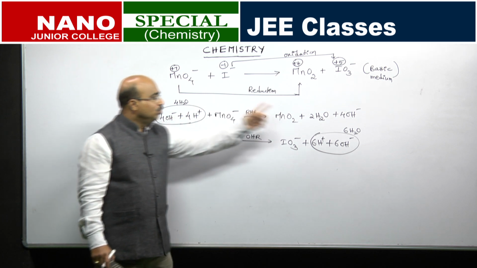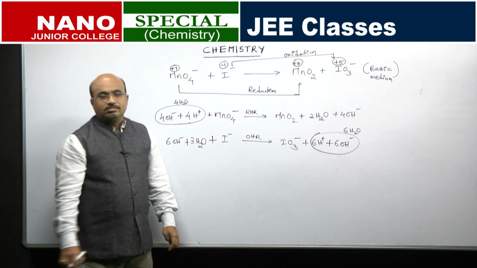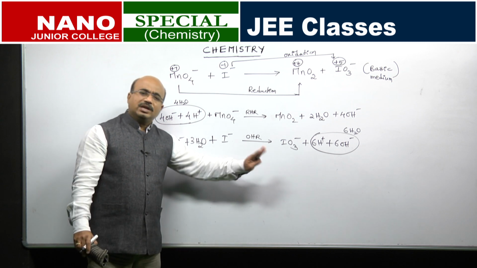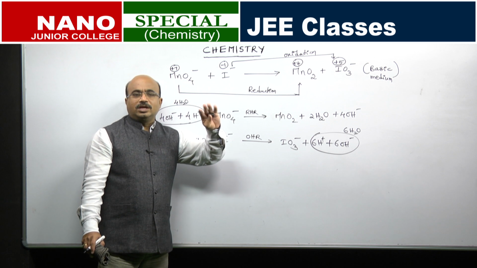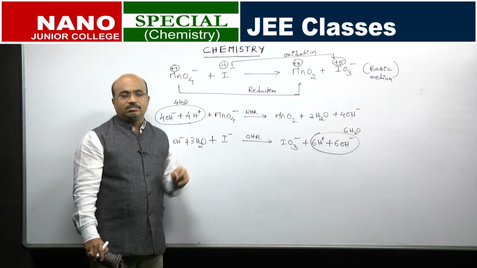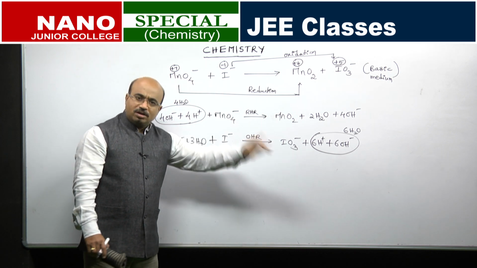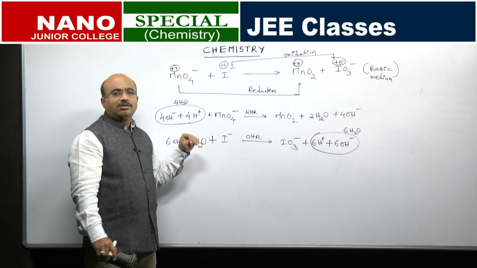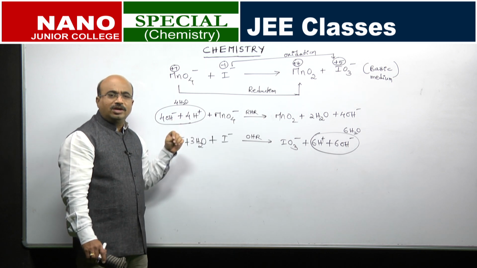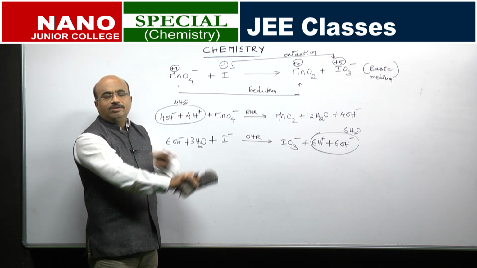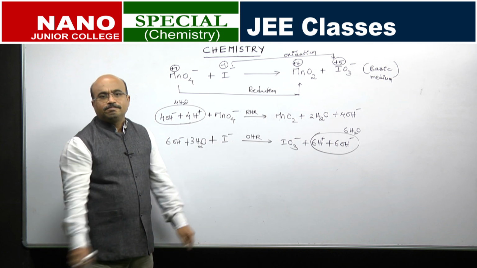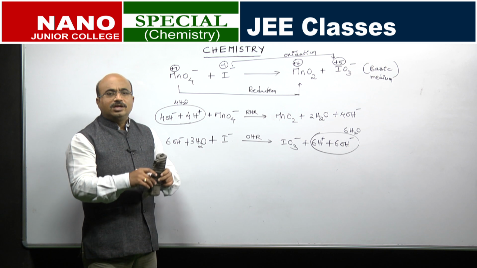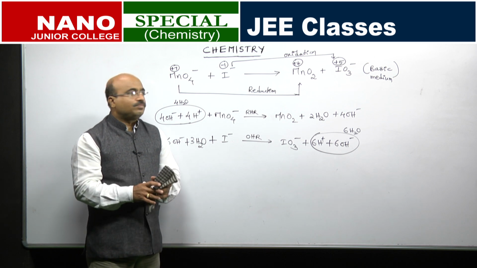You are having 4 H2O, 2 H2O, you can simplify here, but before balancing the charges, leave it. We will do it at the last step. We write all water on the right hand side, all the water on the left hand side, then we bring our OH minus on the right hand side, left hand side, everything we write, then we finally simplify. That is the best procedure.